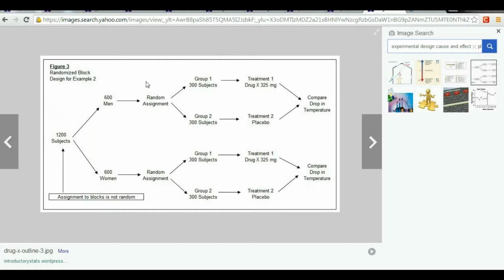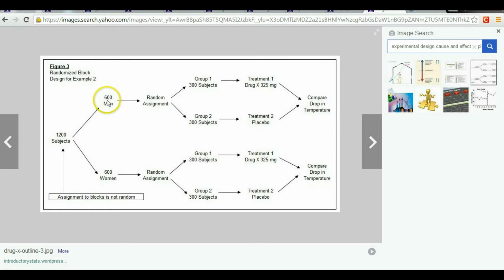Now here's a block design. In a block design, we put people in homogeneous groups first, because there's some variable that we find is confounding our results. That is, we believe it's a variable contributing to the effectiveness of our study. In this study, obviously, gender is a contributing variable.